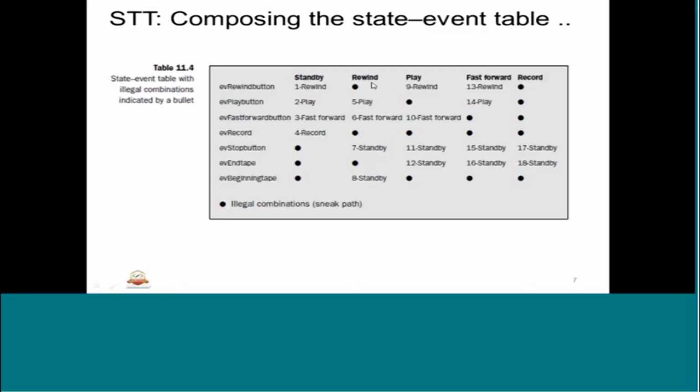So these columns are different states: record, play, fast forward, rewind, and standby. These 5 columns are states, and these 1, 2, 3, 4, 5, 6, 7 are the 7 actions, or 7 events.